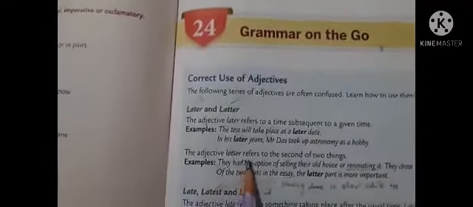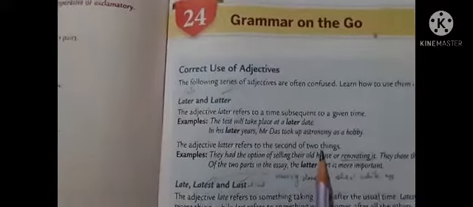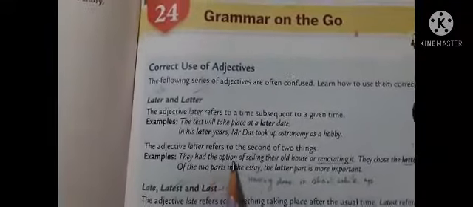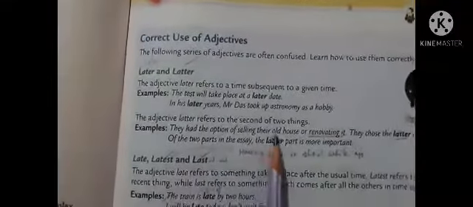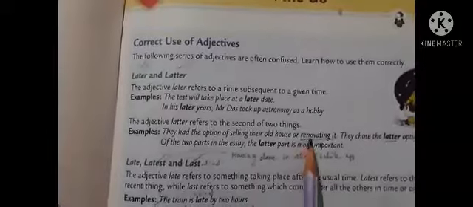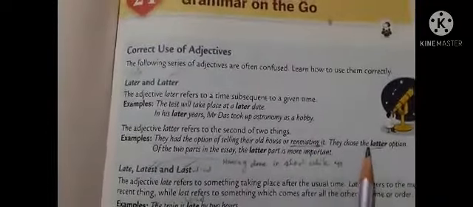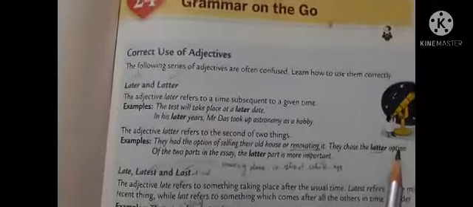Secondly, the adjective latter refers to the second of two things. For example, they had the option of selling their old house or renovating it. They chose the latter option.